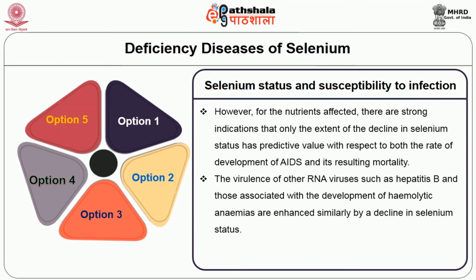The virulence of other RNA viruses such as hepatitis B and those associated with the development of hemolytic anemias are enhanced similarly by a decline in selenium status.